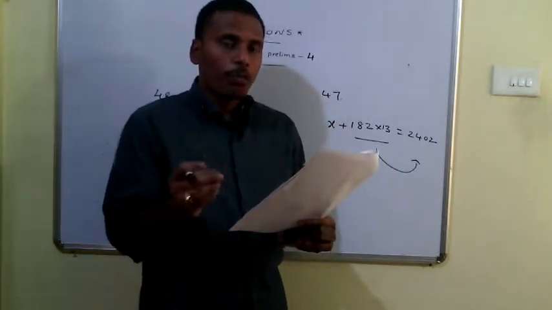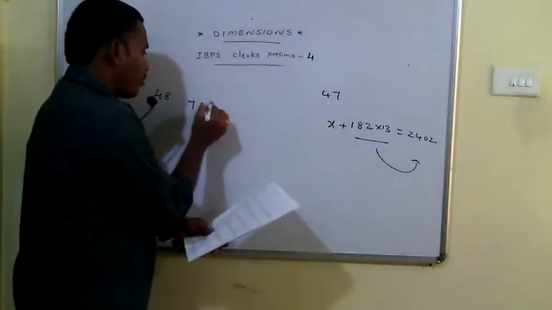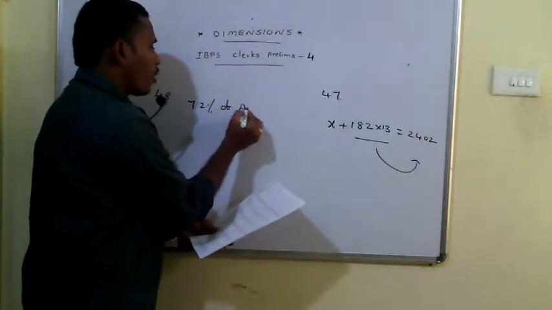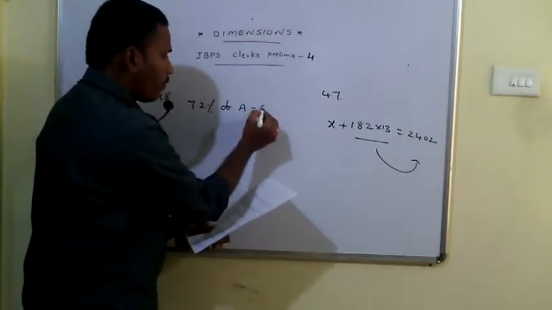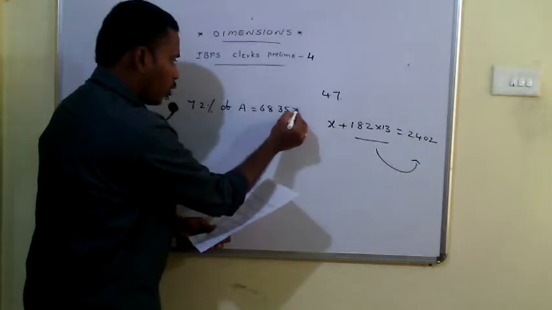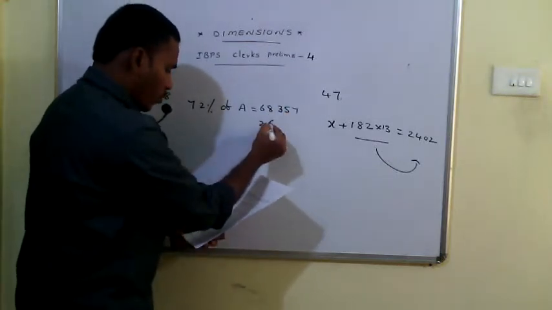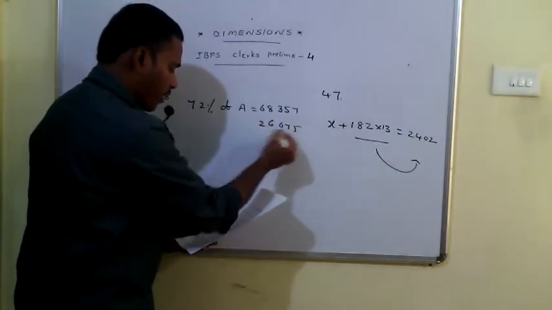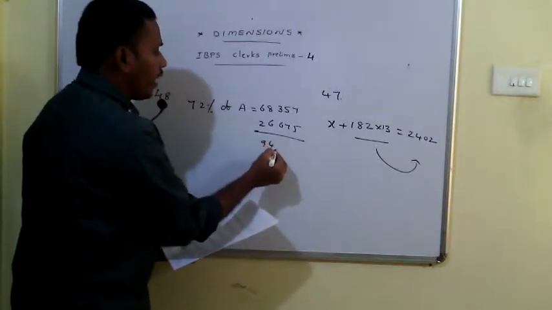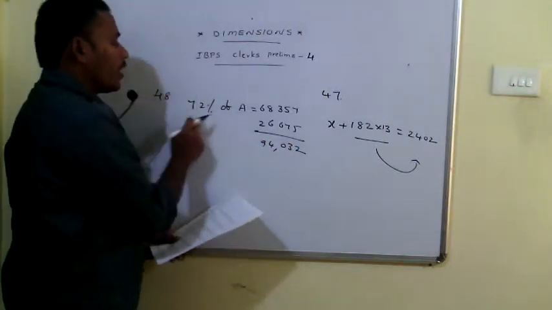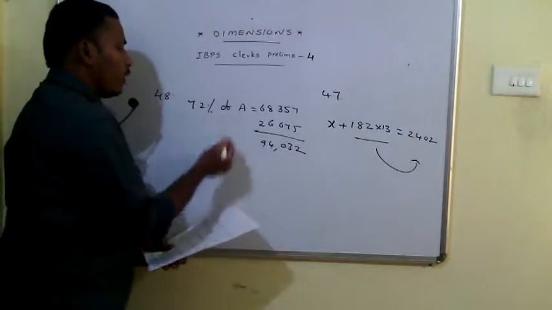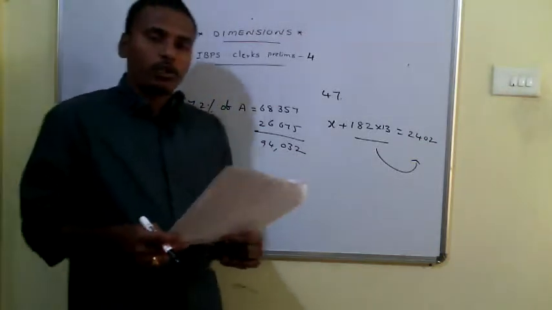So 72% of the total amount is equal to the sum of those two values. What is it? 68,357 and 25,675. If you add that value, it will be 94,032. So 72% of the total amount is this value. From there, we need to calculate the total amount.